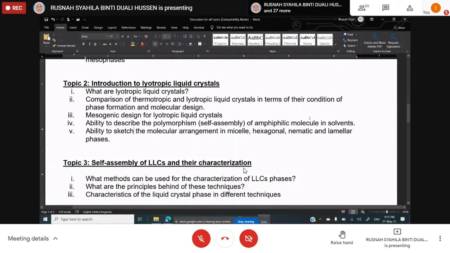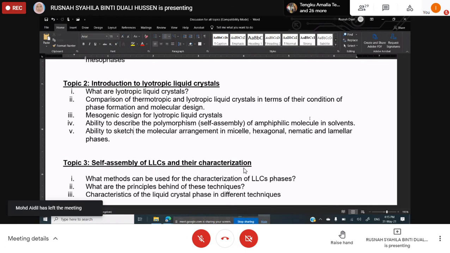Okay, and in the next part, ability to describe the polymorphism, self-assembly of amphiphilic molecules in contact with solvent. So in contact with solvent, it can be normal or inverted based on the type of the solvent that is interacting with our mesogen. The important part is whatever the type of our solvent, the hydrophobic or hydrophilic part will be pointed towards the solvent based on what dissolves it.